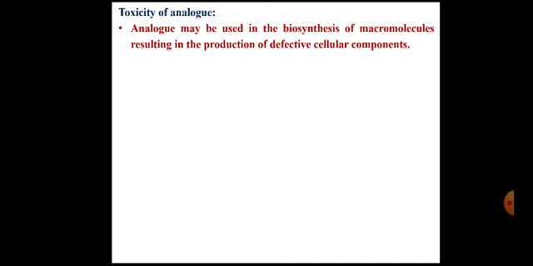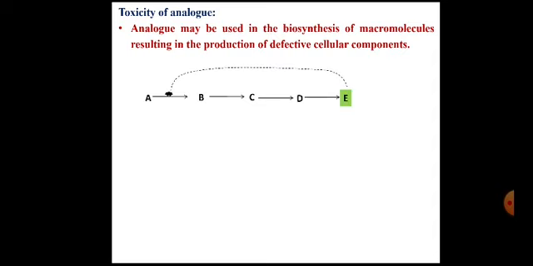So if instead of that amino acid, an analog of the amino acid is added to the medium, then that analog will take the place of that amino acid and get incorporated into the protein, and that protein will be a defective protein, and due to production of defective protein the organism will die. So that is the one mechanism.